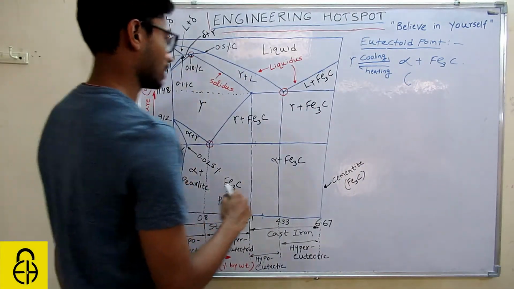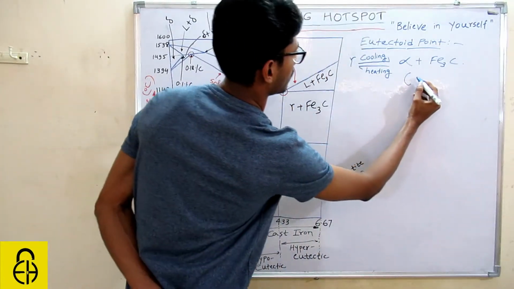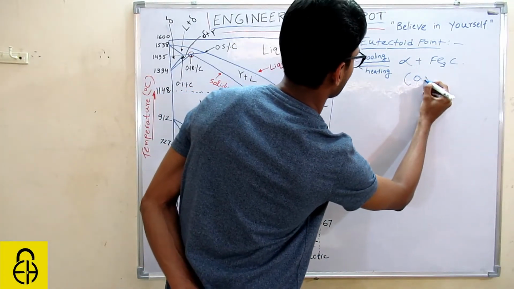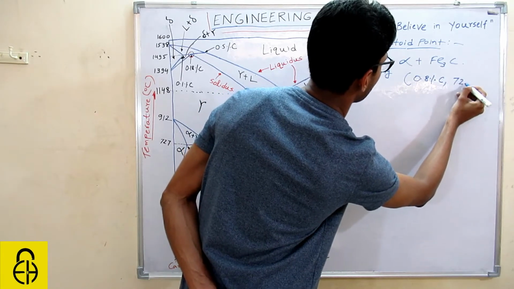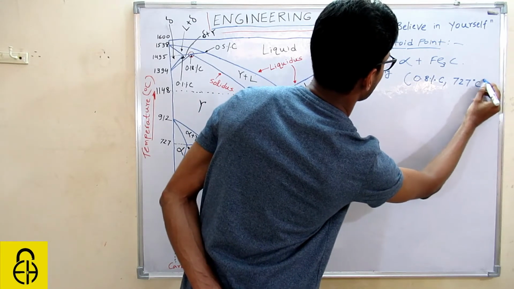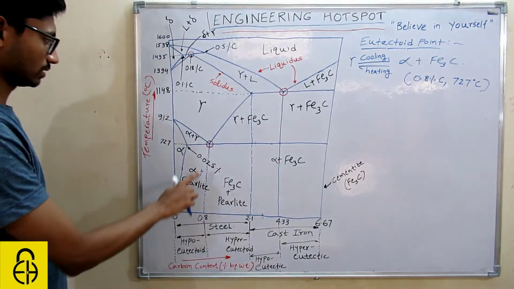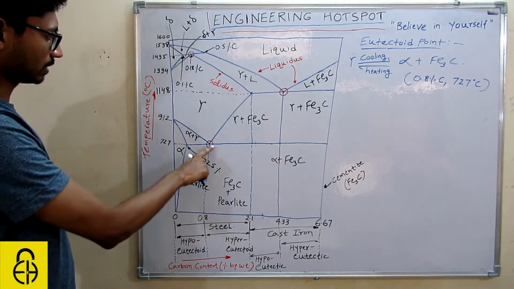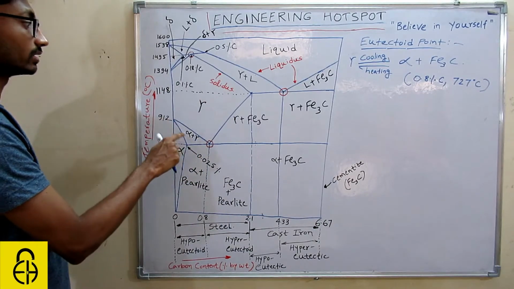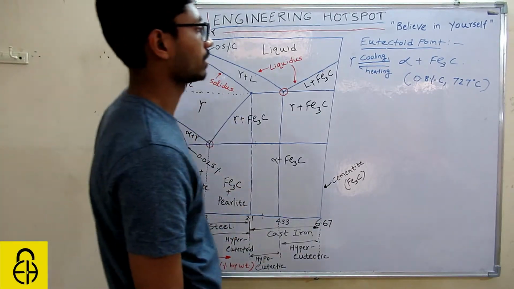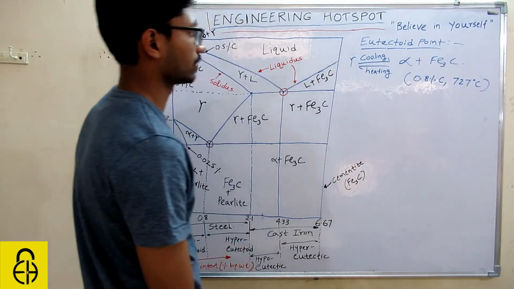You can see at 0.8% carbon and 727 degrees Celsius, you will get this eutectoid point. This is called the eutectoid reaction, okay?